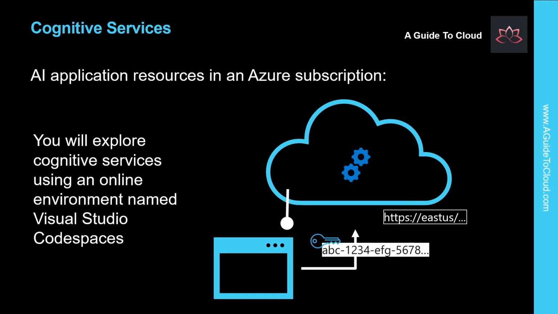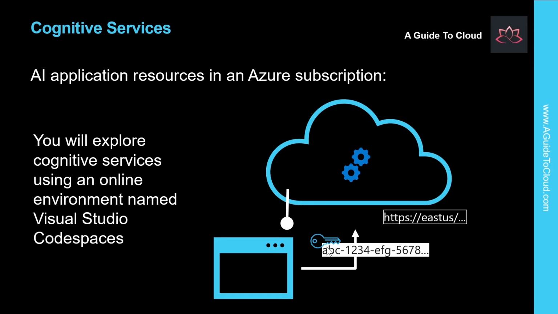Using a standalone service-specific resource enables you to manage cost and access to that service independently of other services you may be using, while a general cognitive services resource enables you to combine all of your AI services in a single Azure resource for centralized management.